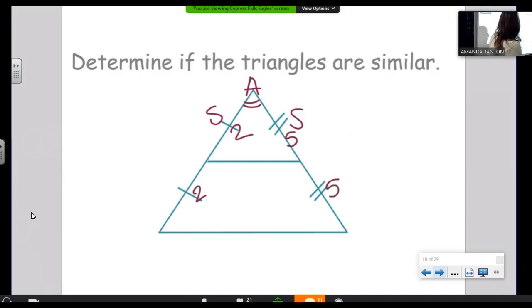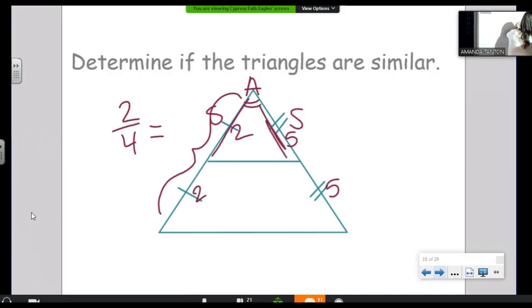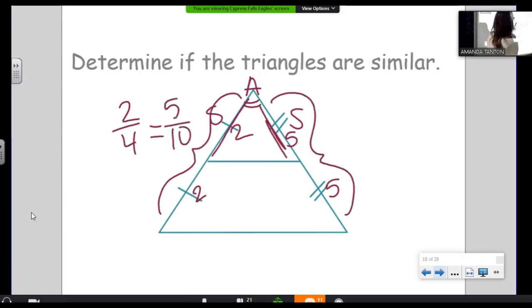So for this triangle, 2 is to 4 as 5 is to, what would this whole thing be? Oh, it would be 10, and it's obvious that those are going to be proportional. They both reduce to 1/2. So if you want to pick numbers and try it, you can, but most of you could have looked at that and known that those are guilty of being similar by side, angle, side similarity.